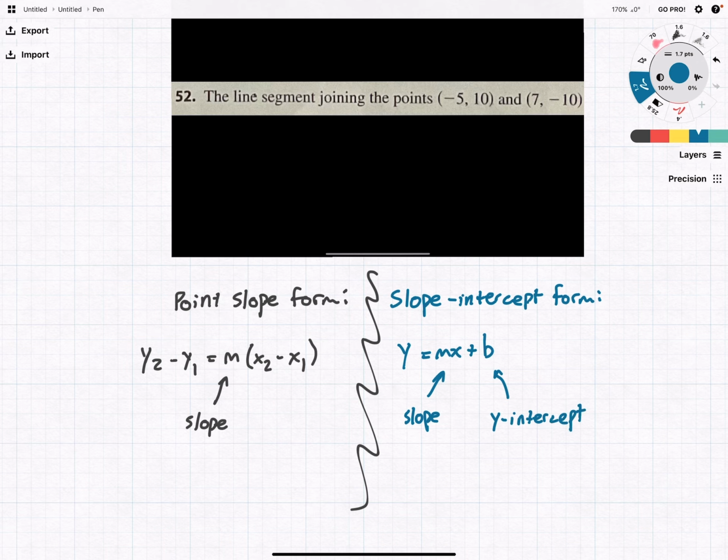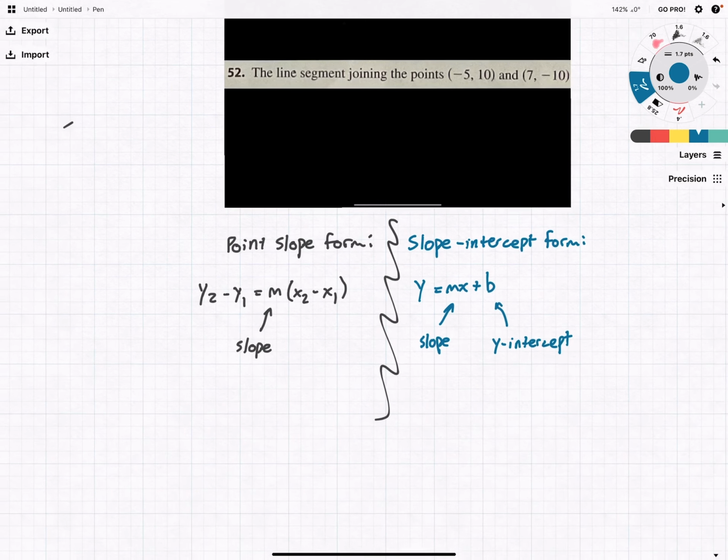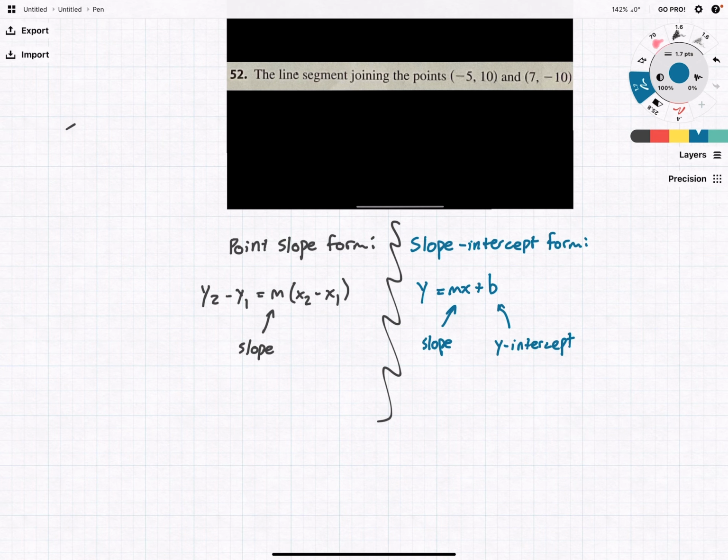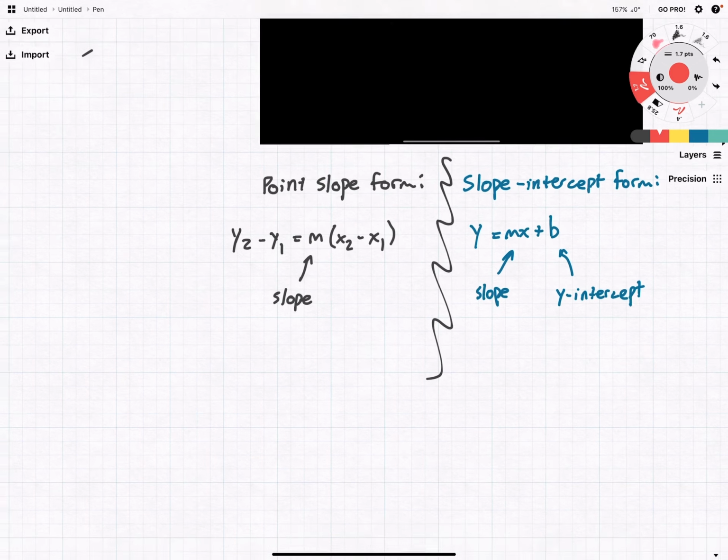The y-intercept meaning when x is equal to 0, then that's what our y value will be equal to. Okay, so we are given 2 points and no slope, which means that we're probably best off using point-slope form in order to find the slope first, and then we can rearrange that equation into slope-intercept form and get our final function. So let's get started.